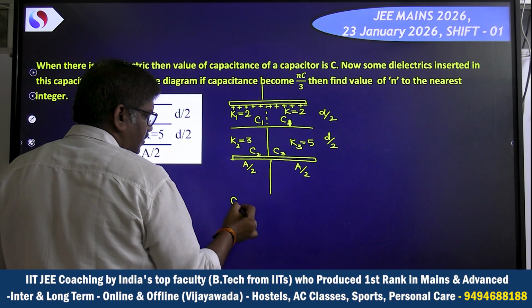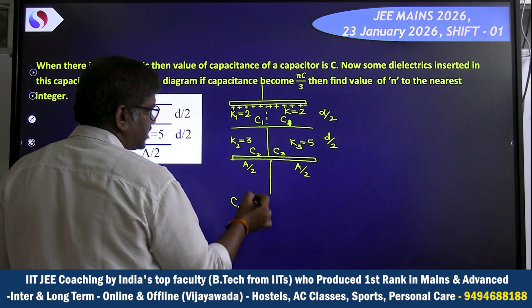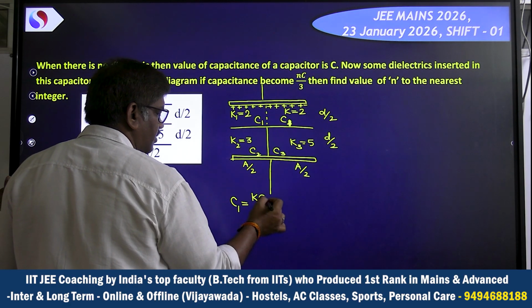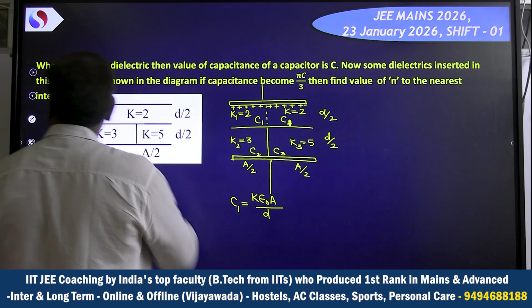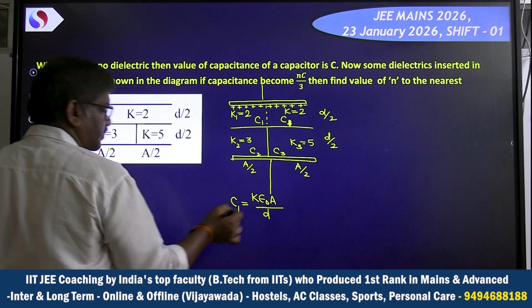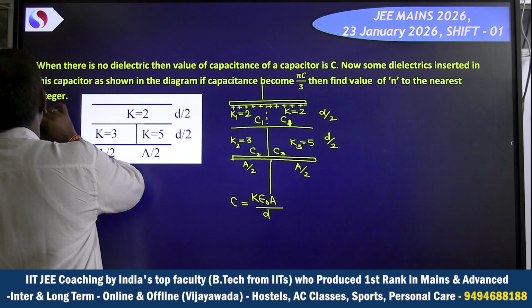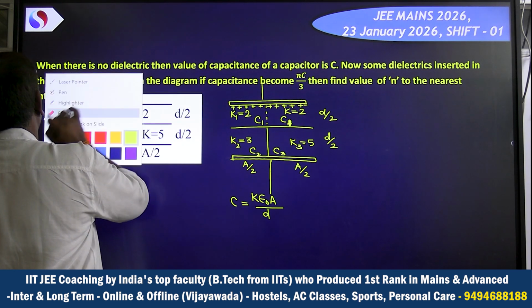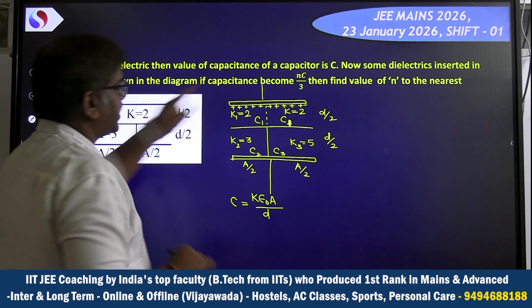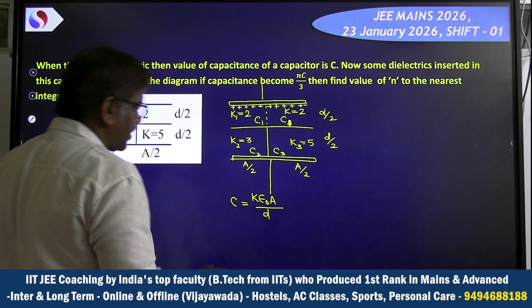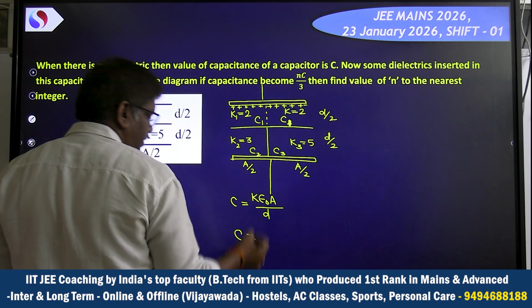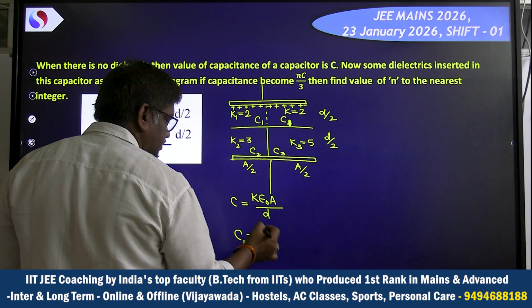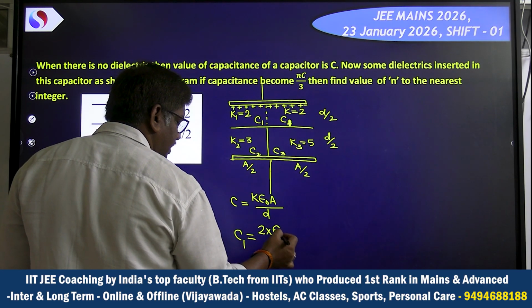So if I ask what is my value of C1, then you will say, sir, it is K epsilon naught A by D. Alright, this is the expression of C without the dielectric. Now, what about C1? For C1, it is K1, that is 2, into epsilon naught.